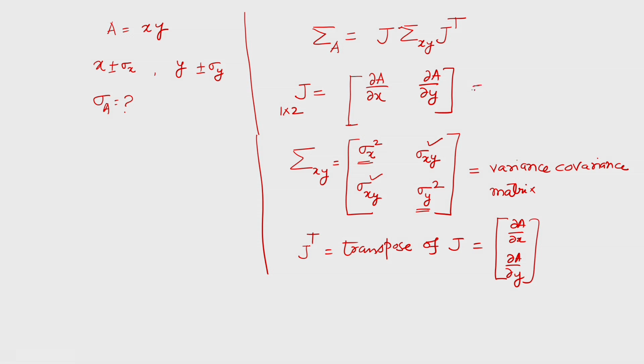Now if I write the value here, you can write it easily. dA by dx is nothing but y, and dA by dy is equal to x. So this matrix is nothing but y and x. Now if I put all these values into this, I can get sigma A.